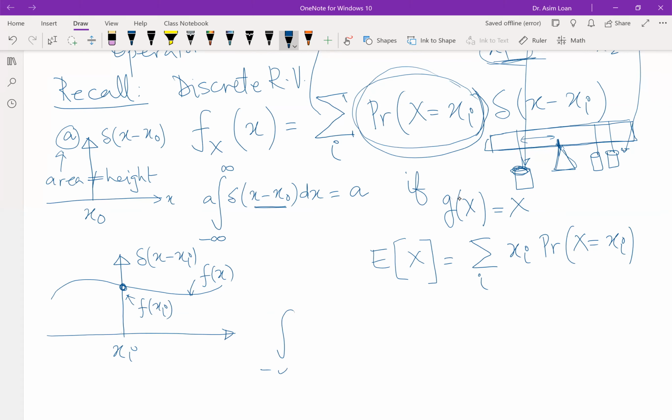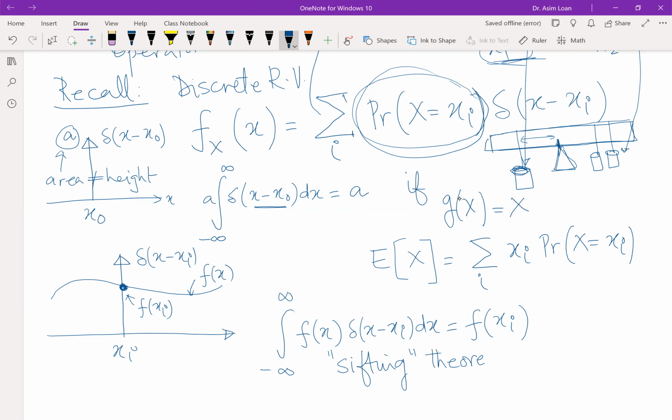So minus infinity to infinity, f of x multiplied by delta of x minus xi dx. Which theorem is this? This is simply equal to f of xi, because this function is only this value. When integrating from minus infinity to infinity, you'll be left with this one. This is called the sifting theorem. It's not the shifting, it's the sifting theorem.